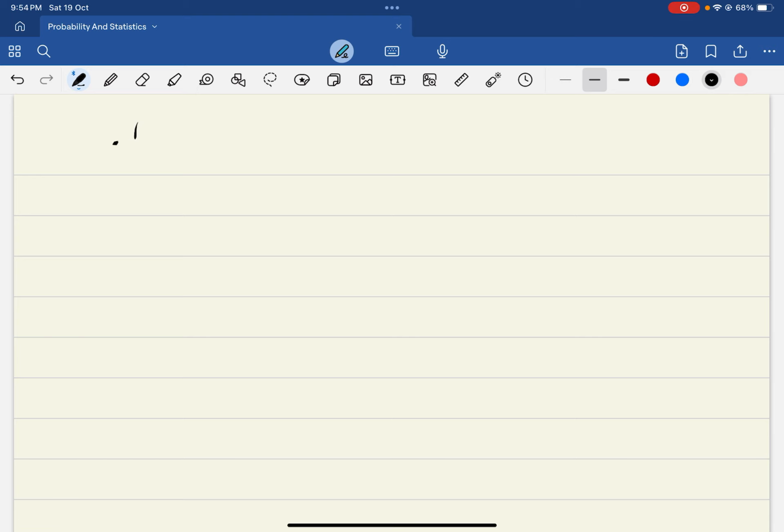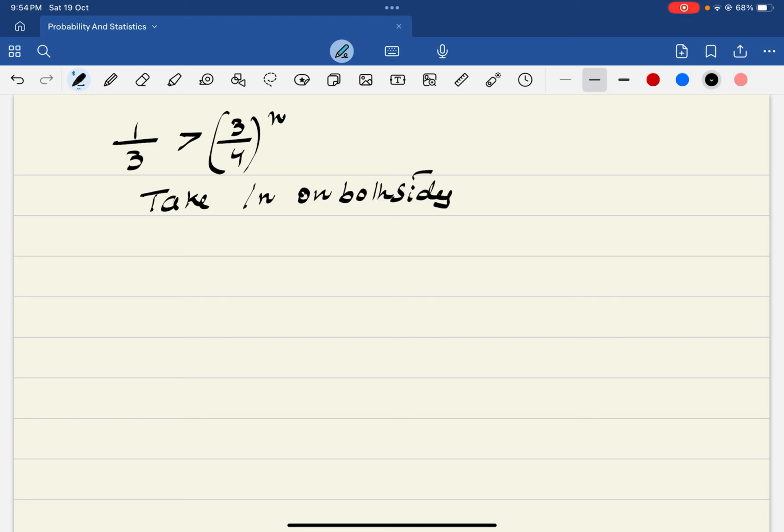Now, 1 by 3 greater than 3 by 4 power n. Correct? So let us take log on both sides. Take ln on both sides. Take logarithm on both sides. So what does it imply? ln of 1 over 3 is greater than ln of 3 over 4 power n.